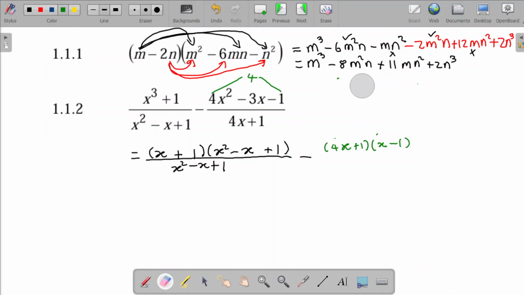So since it's already landed in a correct space, I don't have to stretch it. I'm just going to leave it here, and then I'm going to have 4x plus 1.